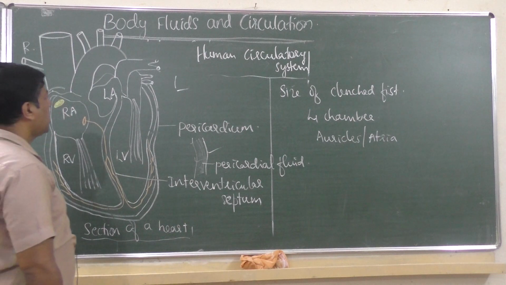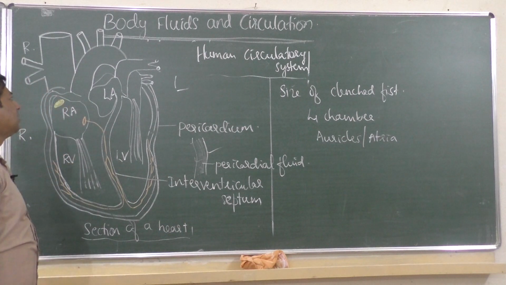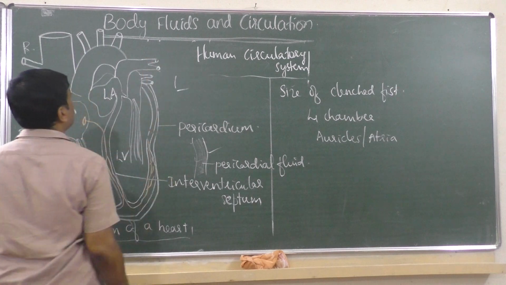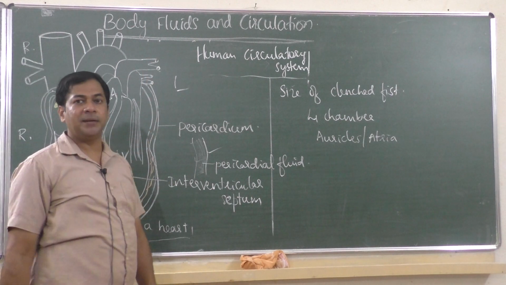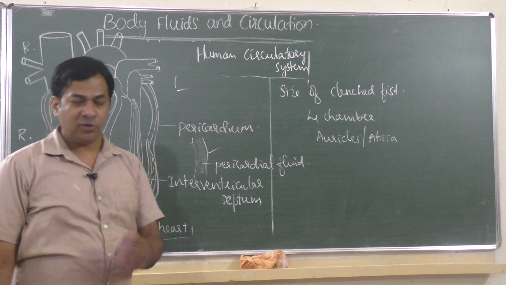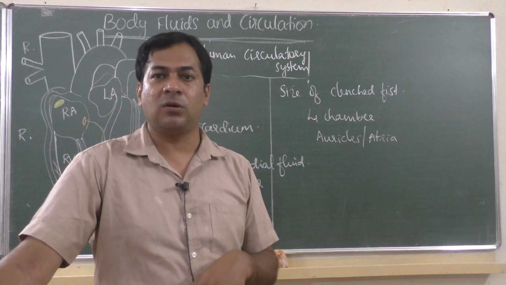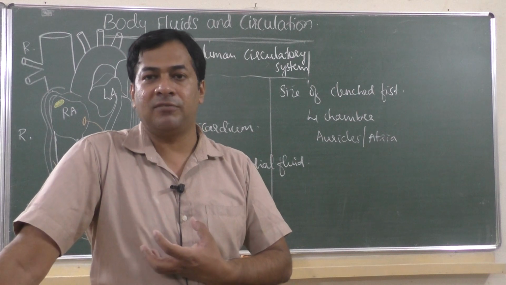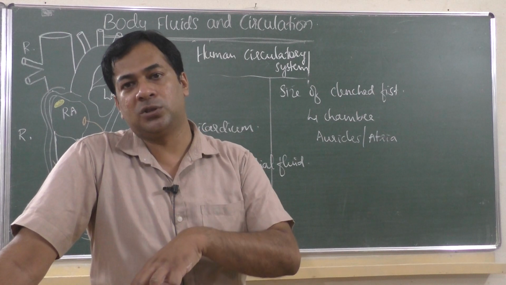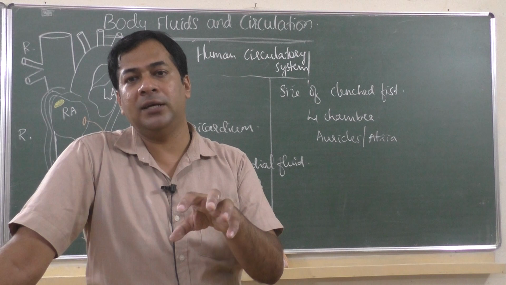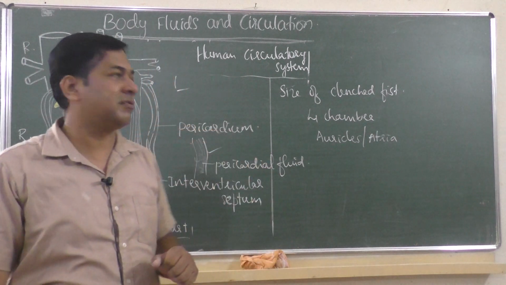Then what brings oxygenated blood to the heart? You know that in the previous chapter, respiration, you learned that when we take oxygen, that oxygen goes to the alveoli of the lungs, then from there oxygen goes to blood, then blood containing oxygen comes to the heart. Which part of the heart?